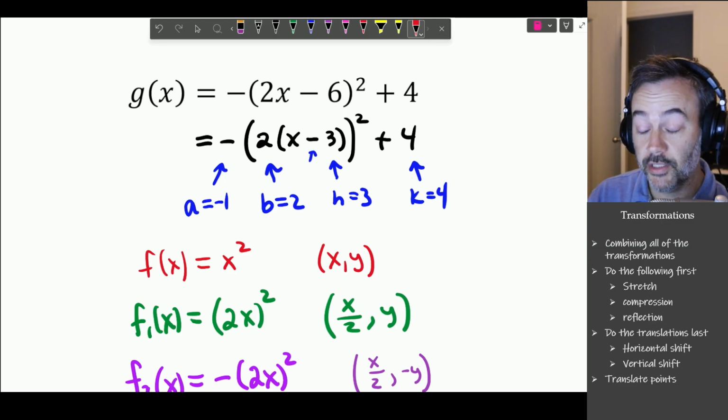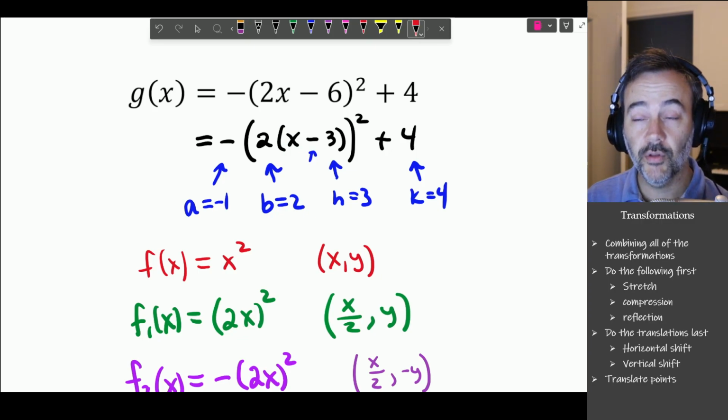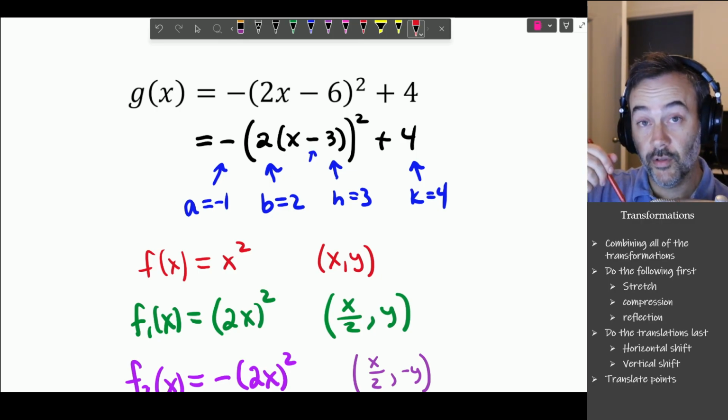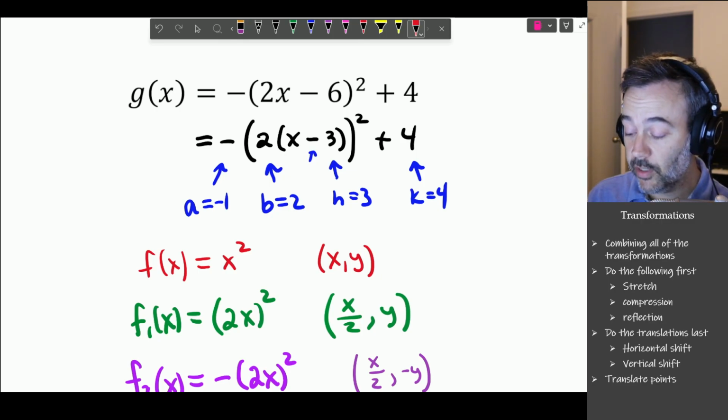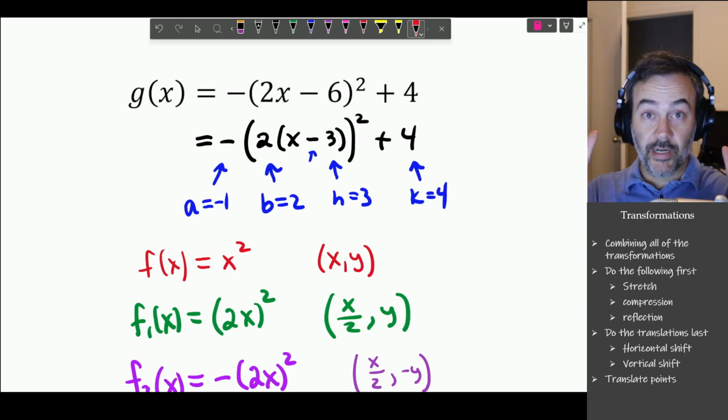Don't do the translations first. Let's do the multiplier by x. The multiplier by x is 2, that's b. If you look at the table that we looked at a little while ago, when you have the b as 2, that takes all the x coordinates and divides them by 2. That's why it gets squished in, all the x coordinates cut in half.